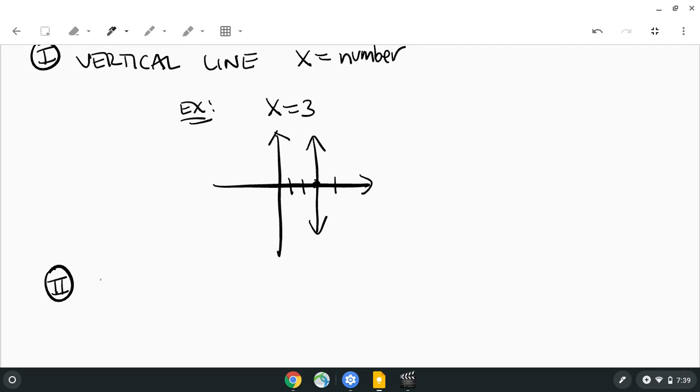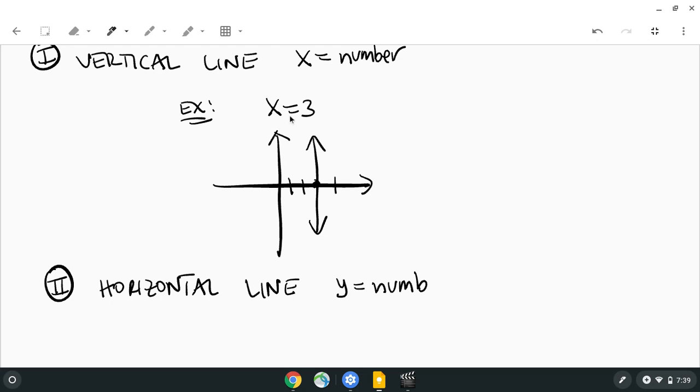And the other one is the horizontal line. And that one looks like this here, the equation. It's just going to be y equals a number. Okay.